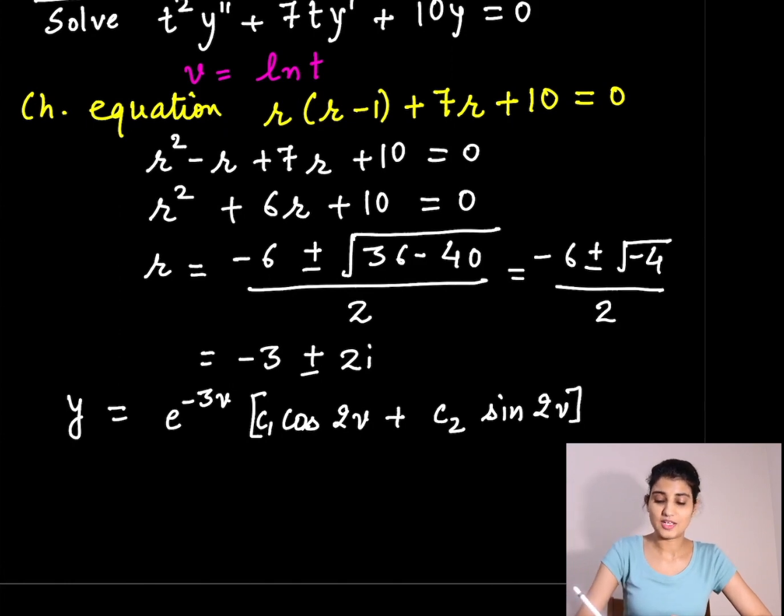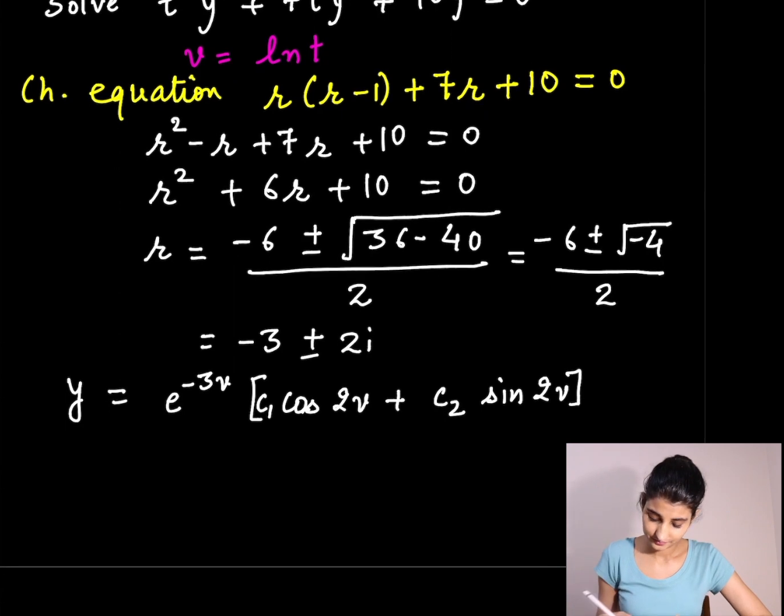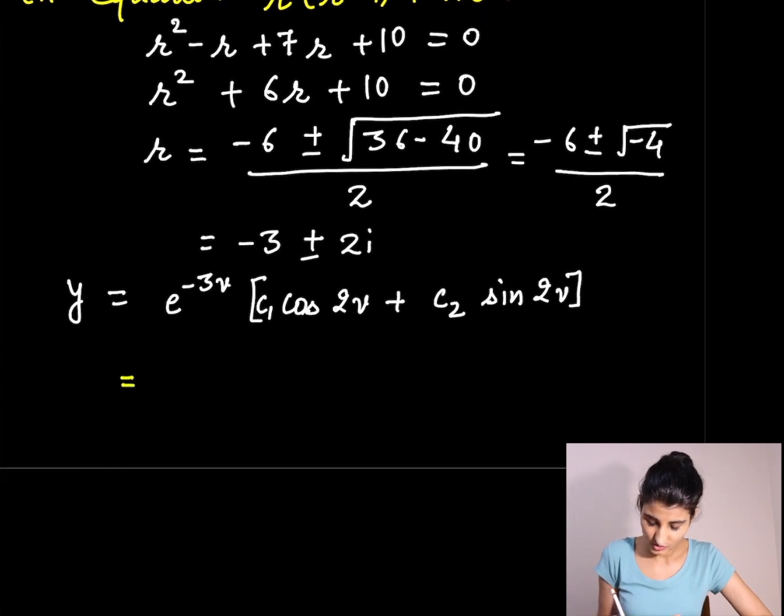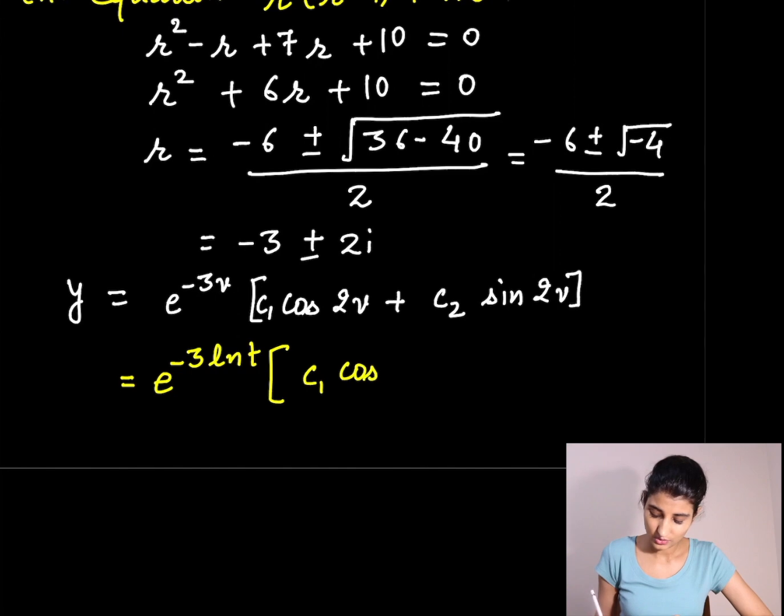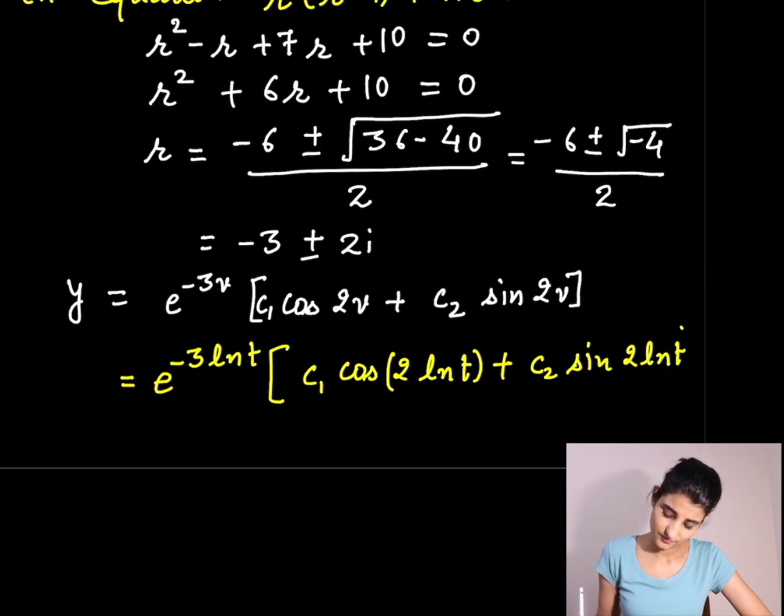Now we will replace our v by ln t. So e^(-3 ln t) times (c1 cosine(ln t) plus c2 sine(ln t)).